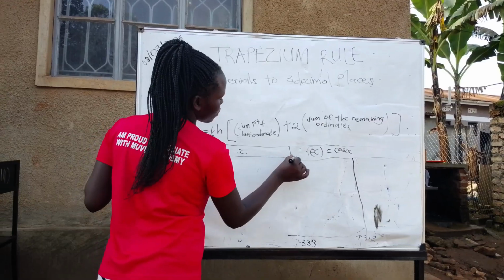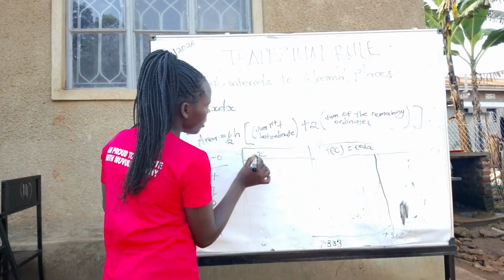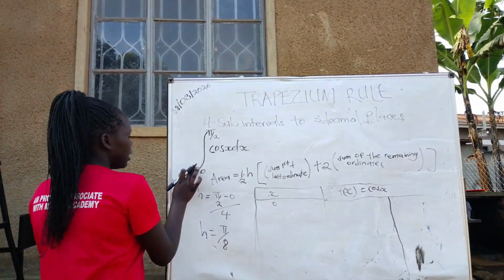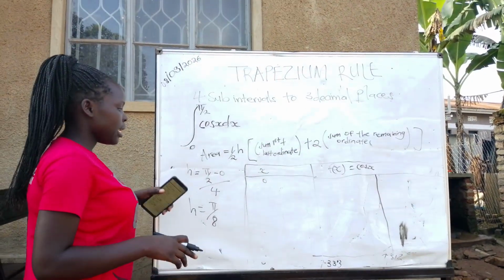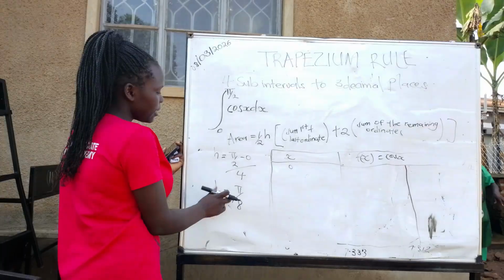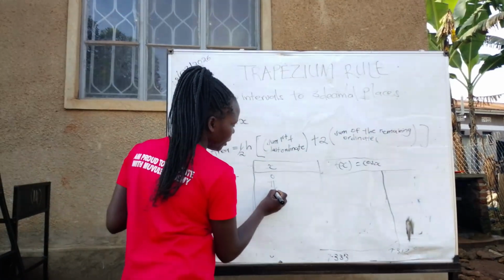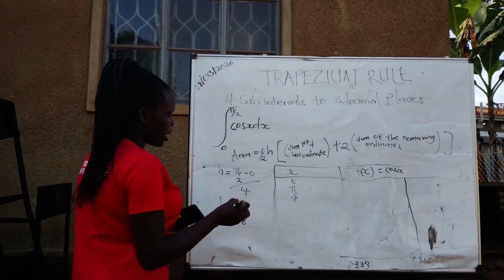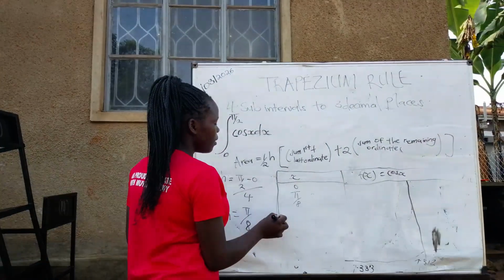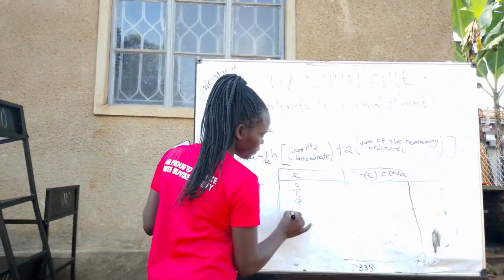Our first value of x is 0, since it is the lower interval. Our second value of x is 0 plus height, which is pi over 8. The third one is 0 plus 2h, which is 2 pi over 8.